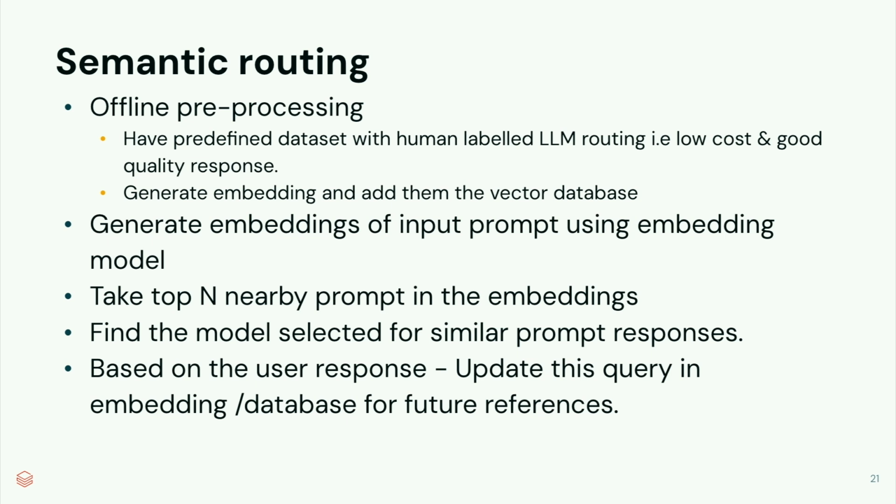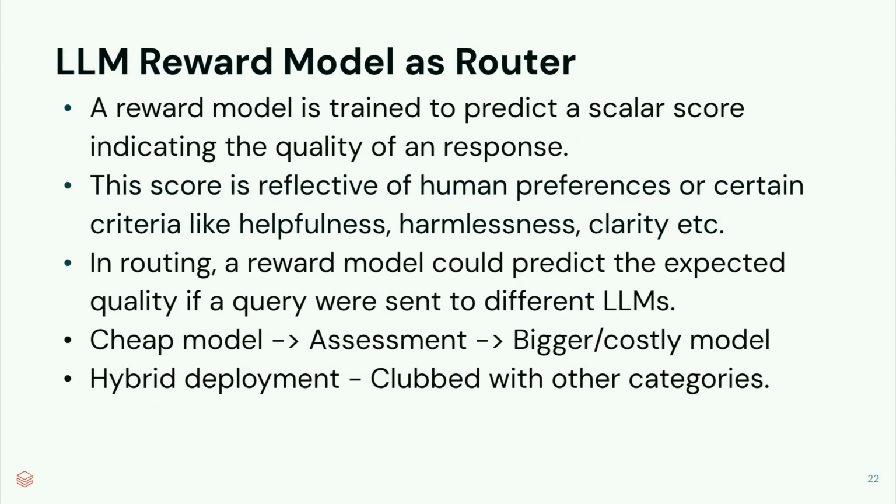And then we generate the embedding of this and put it into a vector database using some similarity library, and whenever a new prompt comes in, we generate its embedding, find the nearby prompts, and then find the model which was selected for those similar prompts. So this is more like you are understanding from the past what the semantic similarity is, and based on that you are updating the response.